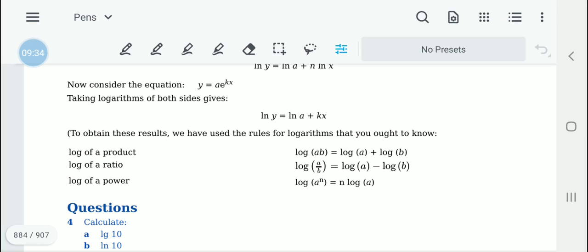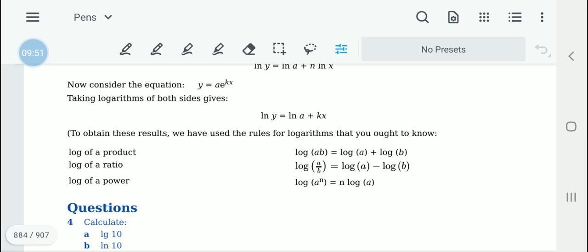So the logarithmic rules that we have to use are: the log of a product, log ab, equals log a plus log b. Log of a over b equals log a minus log b. Then the log of a power, log a^n, equals n log a.